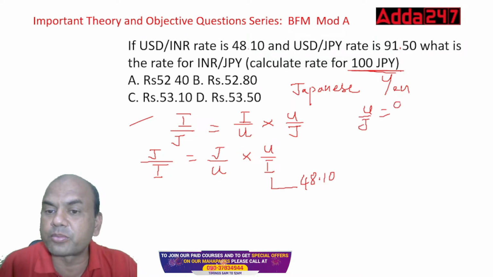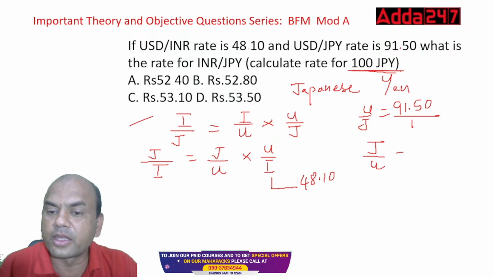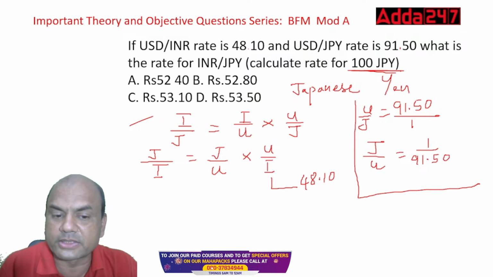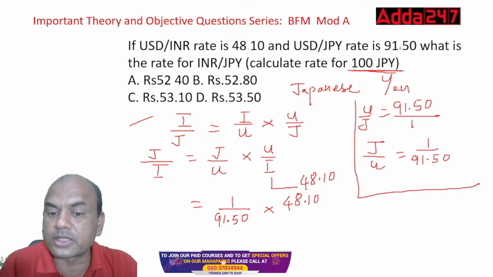So if I want JPY to USD, it is 1 upon 91.50. That will be the rate. So now I've got the JPY to USD rate. Multiply this, so my answer will be 1 upon 91.50 into 48.10.